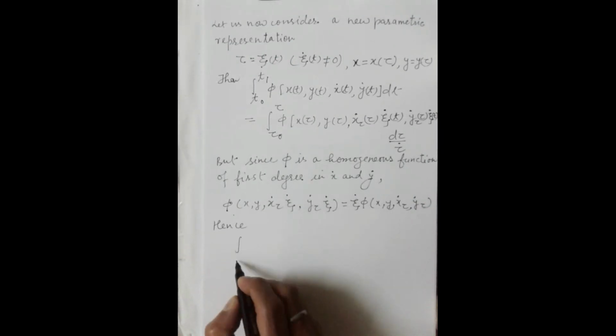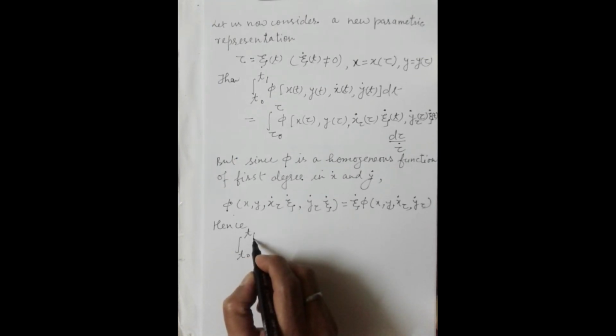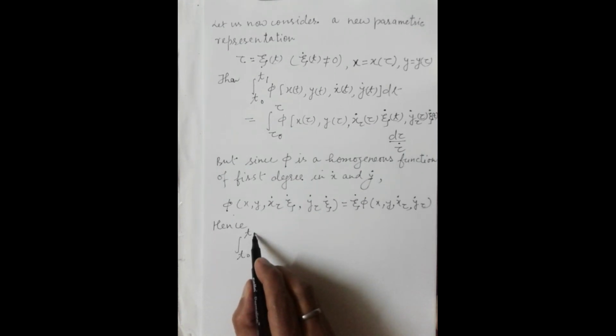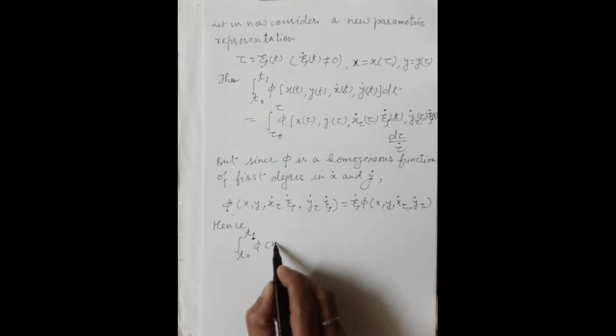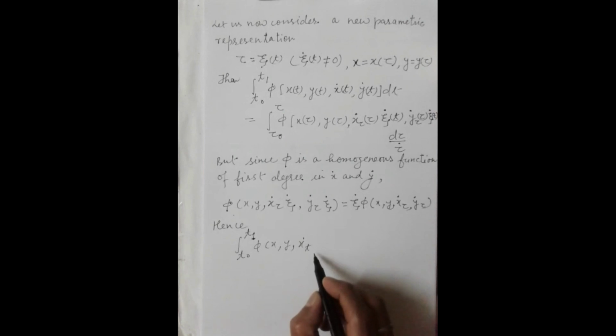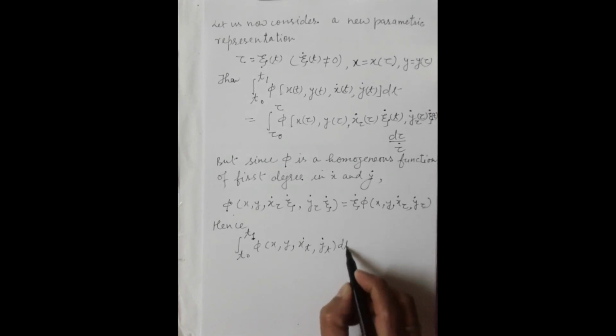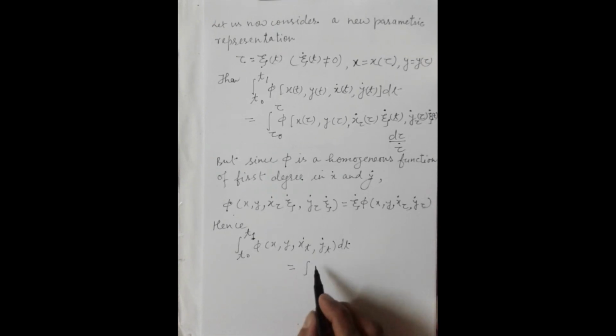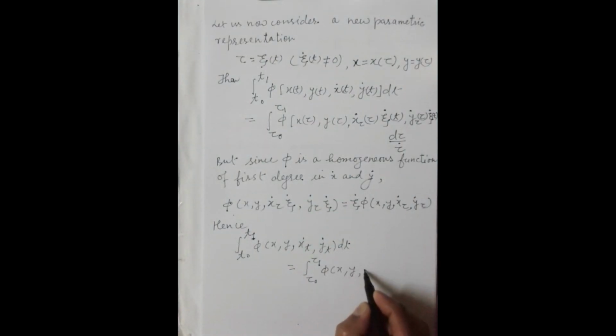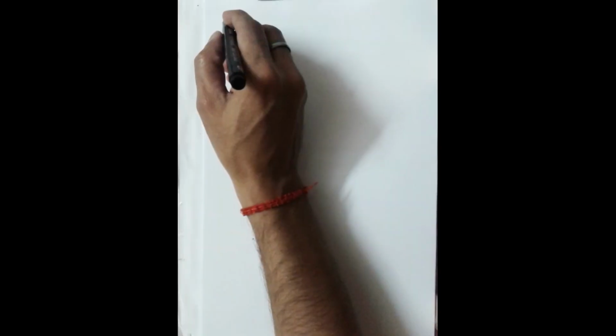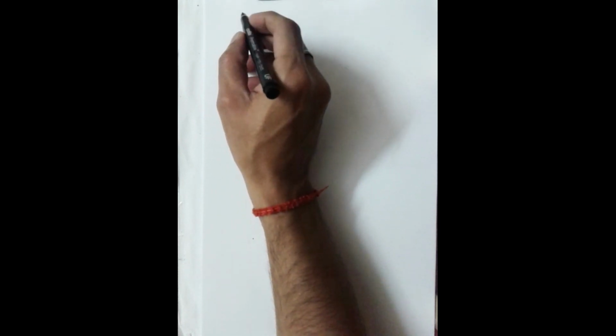Hence the integral from t0 to t1 of phi(x, y, x dot, y dot) dt is equal to the integral from tau 0 to tau 1, here tau 1 is the corresponding limit, of phi(x, y, x dot tau, y dot tau) d tau. Thus the integrand remains unchanged.